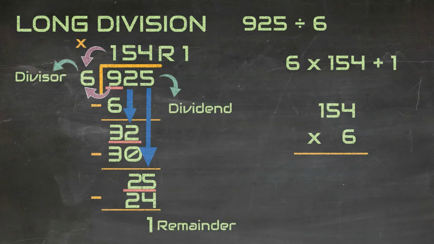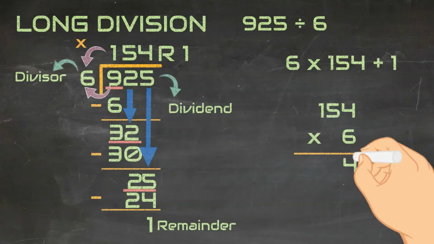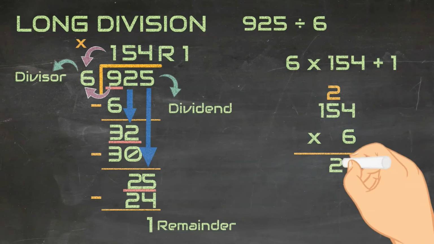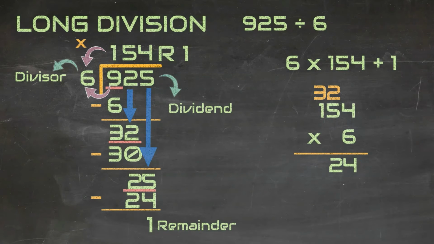6 times 154. 6 times 4 equals 24. Bring down 4. Carry over 2. Next. 6 times 5 equals 30 plus 2 equals 32. Bring down 2. Carry over 3.